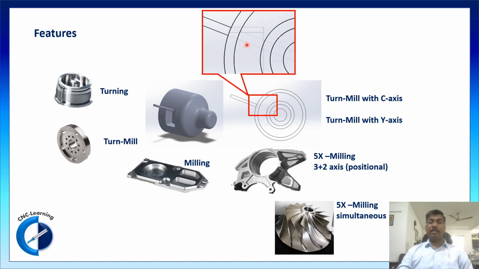So in this case, if you see, the tool is oriented like this and there will be a lot of material left out here. So making a 90-degree shoulder like this will be difficult in a turn mill with C axis machine. The same can be done on a turn mill with Y axis.